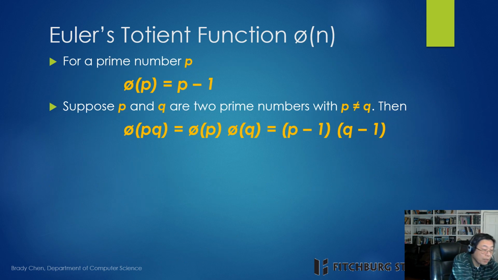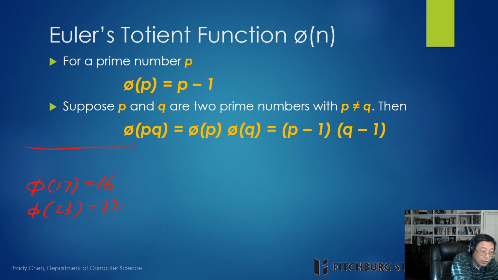Remember, in the previous slide, we showed that the phi of 17 is 16, right? And the phi of 23 is 22. Why? You will find 16 is 1 less than 17, and 22 is 1 less than 23. Why is this the case?